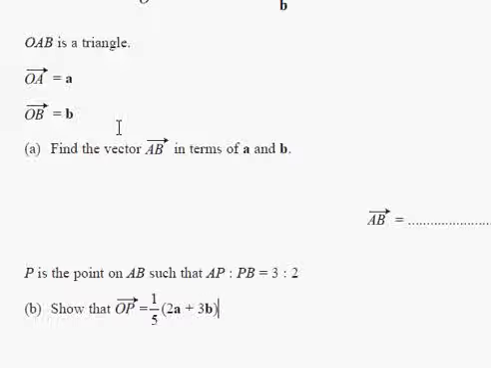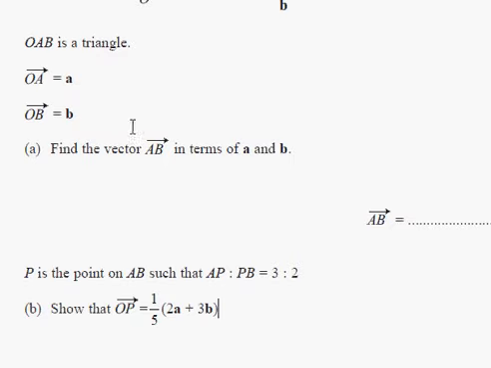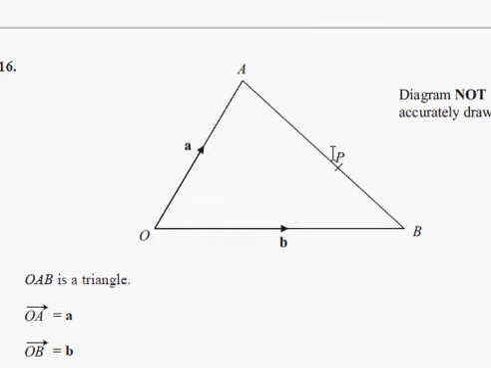OB equals B, and for BP, we don't know what the vector BP is, so let's see. Well, BP is 2/5 of BA.